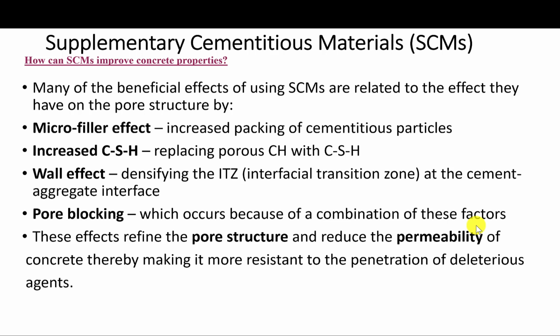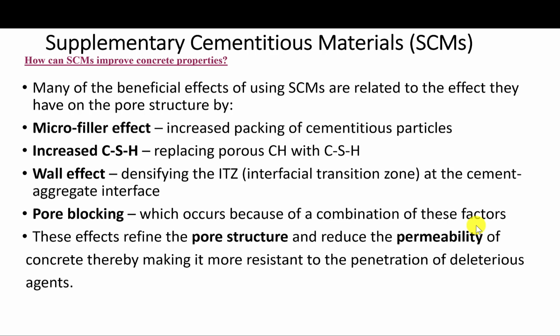We said refined, densified cement paste matrix, and one of the benefits is the effect on the pore structure. By doing this, it works as a microfiller effect, basically increased packing of cementitious particles. We have increased calcium silicate hydrate. Remember what we said during the hydration lectures. Calcium silicate hydrate is responsible for the strength.